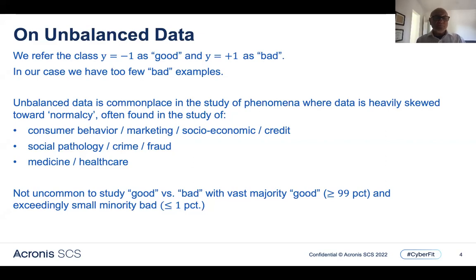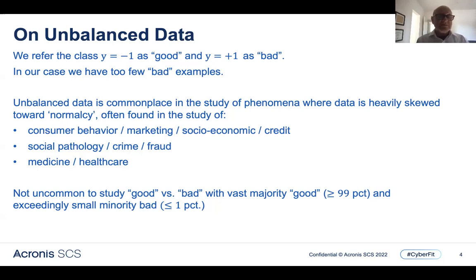Also, when you study social pathology like crime and fraud, and also the study of disease in medicine, in healthcare, where the normalcy is not the presence of a certain condition, and the abnormal is the presence of the certain condition.